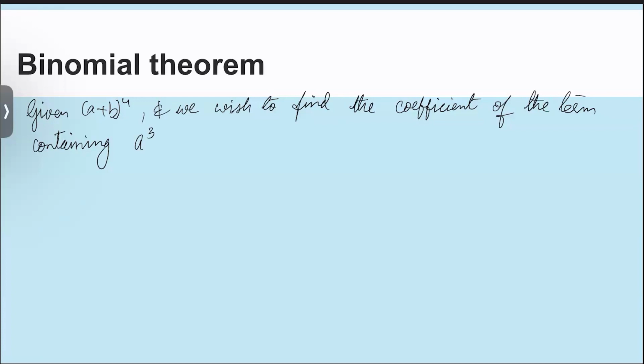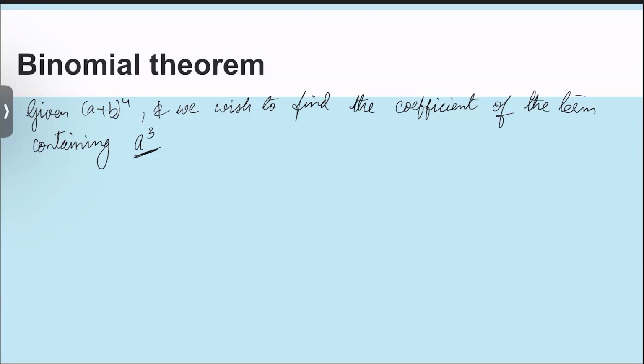We know that if we expand (a plus b) the whole raised to 4, we will get a term where we will have a cubed as a part of that term. But we want to find what will be the coefficient. So the coefficient would be the one respective to the expansion, to the n power expansion, and also the b term. But how do you do this without doing the entire expansion?